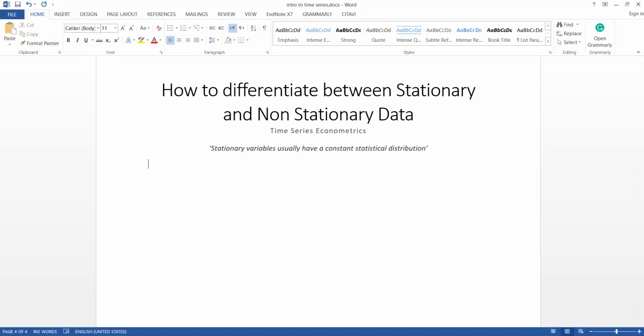So if the data has a constant distribution, it is stationary. But in reality, it is very difficult to check if the distribution is constant or not.